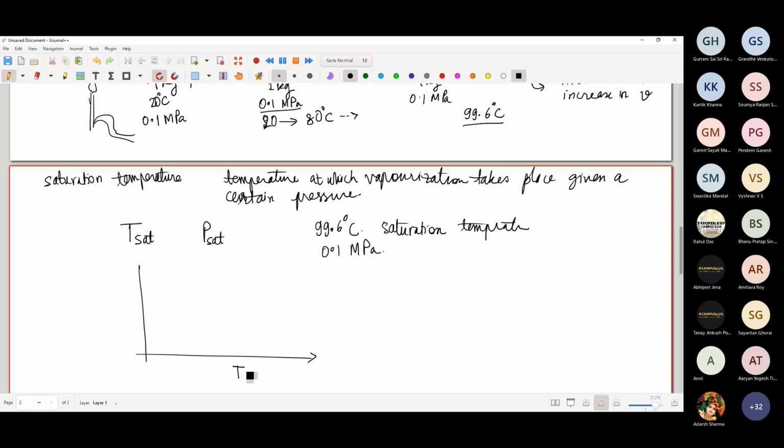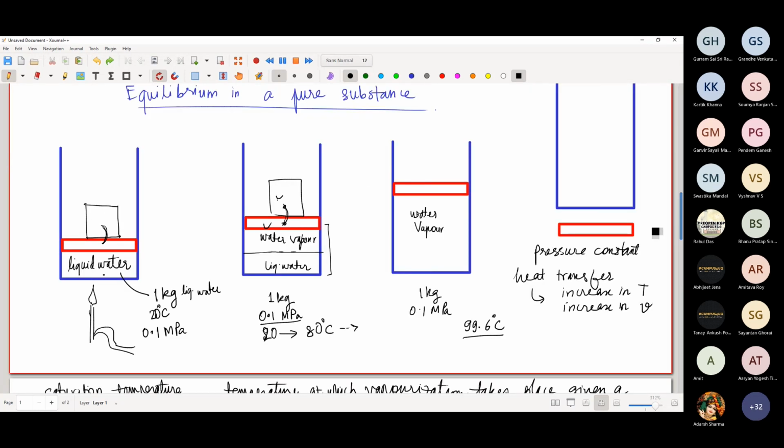We could have started this experiment even at a lower temperature. We could go to the edge of liquid water, which would be almost at 0 degrees Celsius.